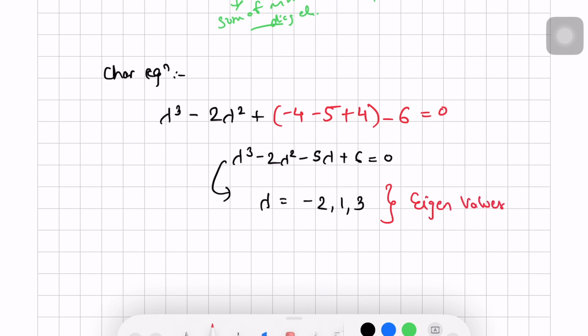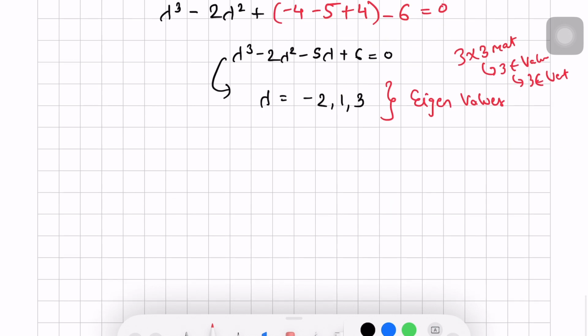So as I told you, for a 3 by 3 matrix, you will get 3 eigenvalues and corresponding 3 eigenvectors. So now we are going to find out eigenvectors from these eigenvalues. So starting with case 1, when lambda is equal to minus 2.